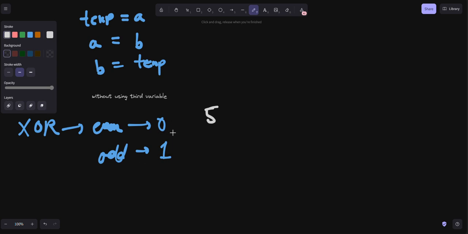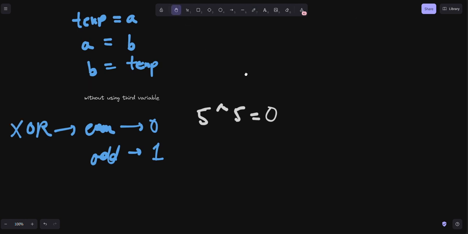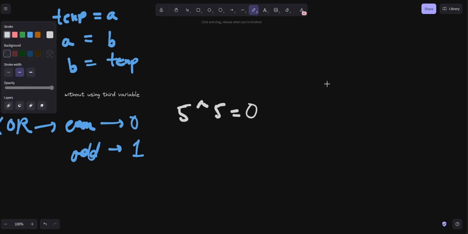So we were like, okay, if two numbers are the same and they are given the XOR operation, those numbers will give us 0, right? That's the fact. Okay, let's say I have done 5 and 5, right? So 0 1 0 1, again 0 1 0 1, I am doing the XOR operation.